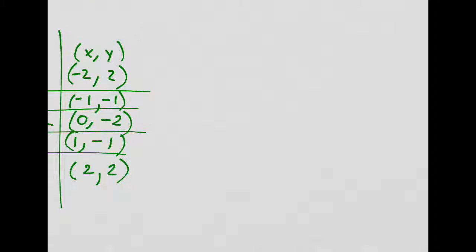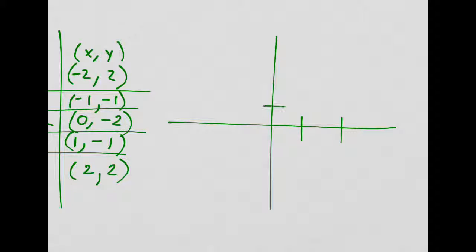I'll make my own axes. The highest value that I have is 2 or negative 2 in both directions. So 1, 2, 1, 2, 1, 2, 1, 2, x, y. Okay, let's plot these. The negative 2, that means back 2, and then up 2.